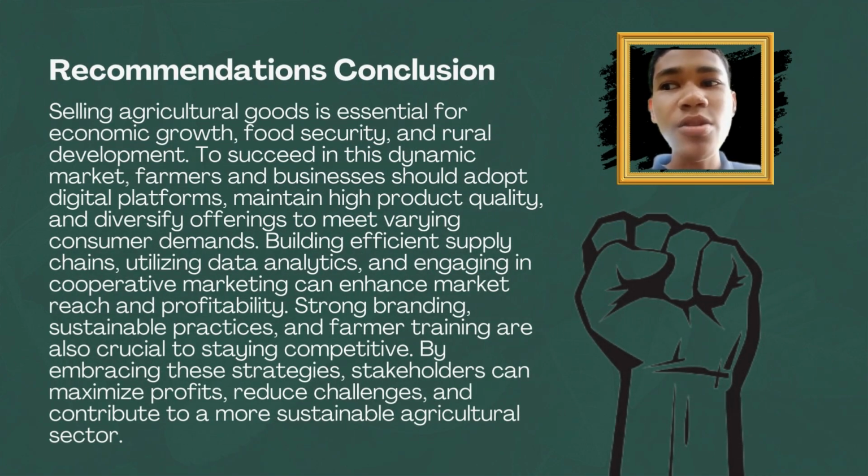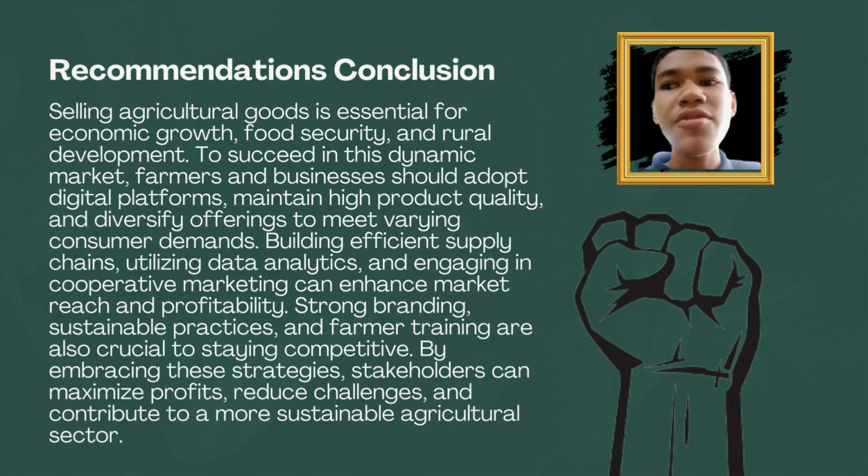So here is the recommendation conclusion. Selling agricultural goods is essential for economic growth, food security, and rural development. To succeed in this dynamic market, farmers and businesses should adopt digital platforms, maintain high product quality, and diversify offerings to meet varying consumers' demands.